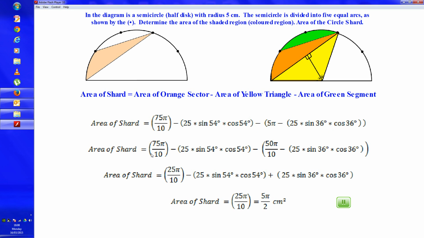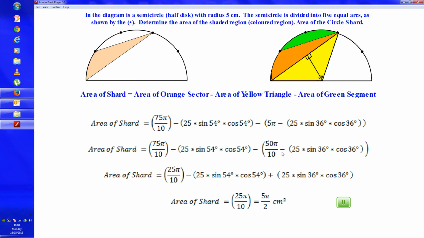Now the area of the shard is equal to 75 pi upon 10. Because we have this fraction here upon 10, what I've done is later on we see 5 pi there. We want to take that and put it upon 10. So we have 50 pi upon 10.